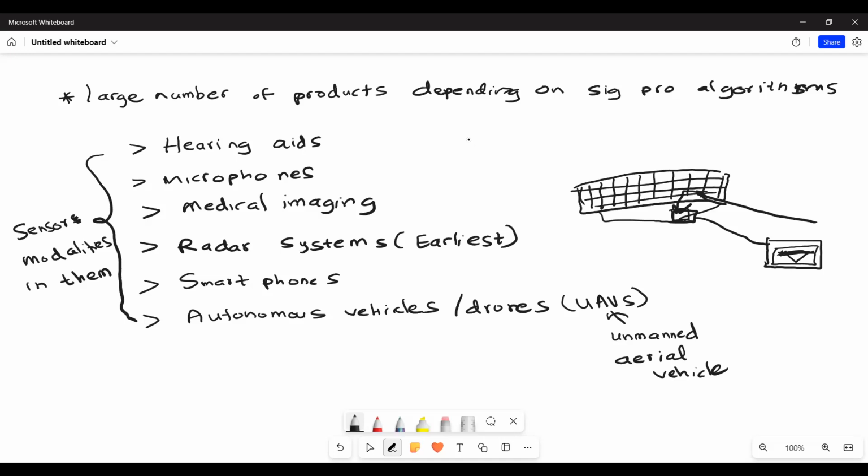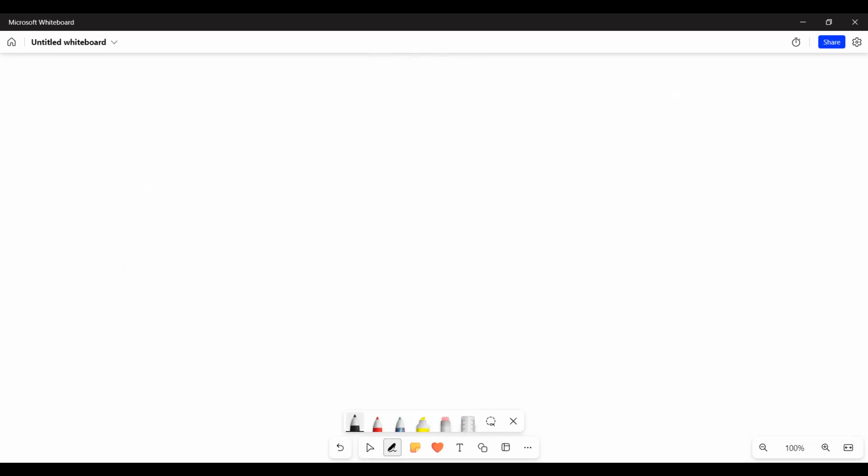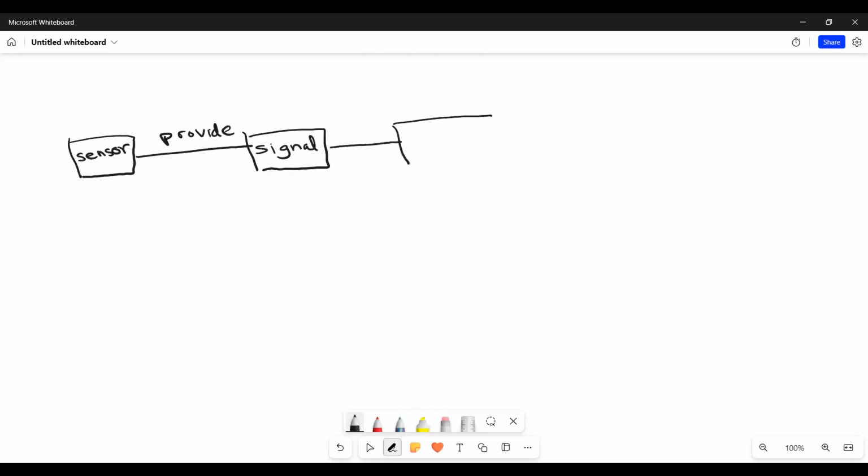So I will draw the previous diagram again. I think it is better. As I said, whenever there's some sensor, that sensor will provide some signal, and that signal will then be processed using some processing techniques.